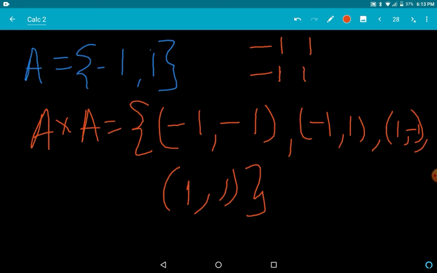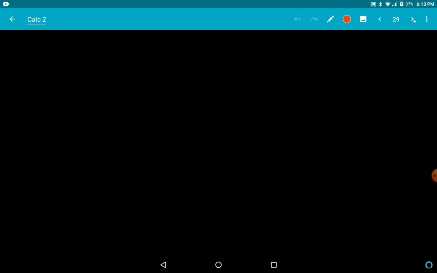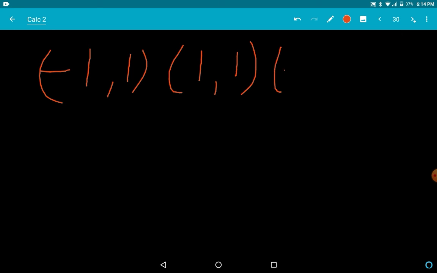Now we have to do A cross A cross A, meaning A cross A cross A. This value we know, so we'll just write it like this. On the next page, let's say we have (minus 1, 1), (1, minus 1), (1, 1), (minus 1, minus 1).